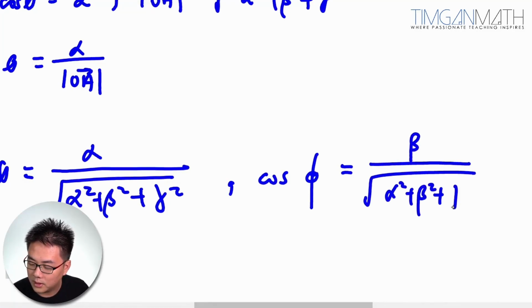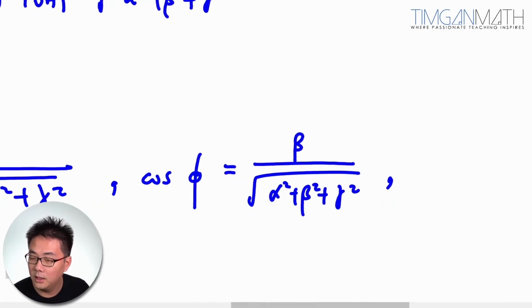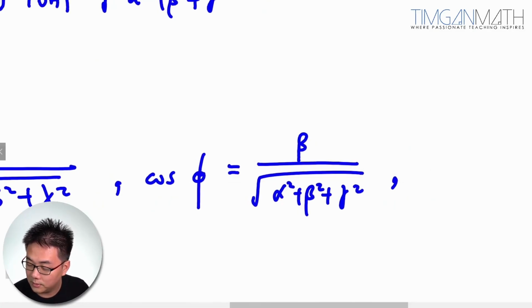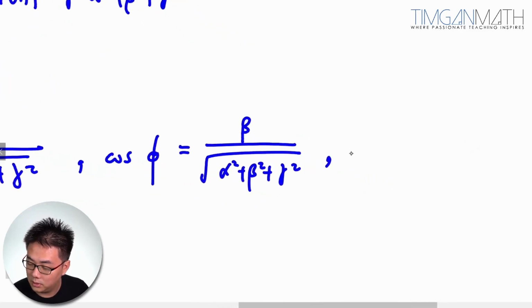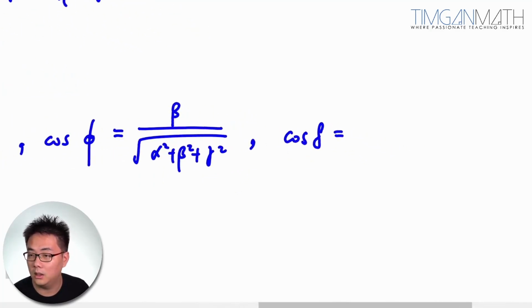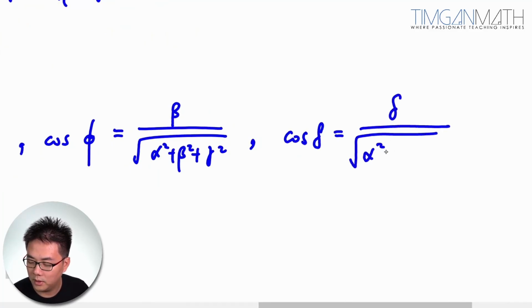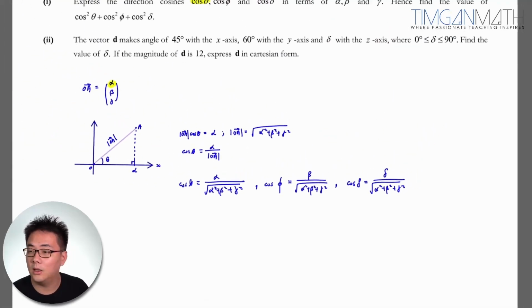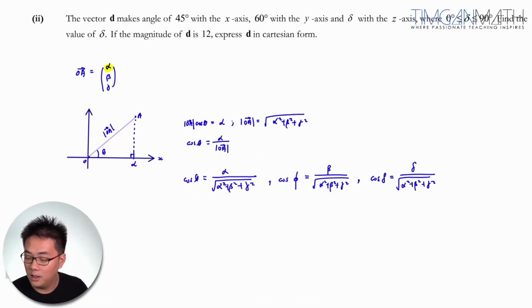Then cosine sigma is gamma over the same square root. There you go.